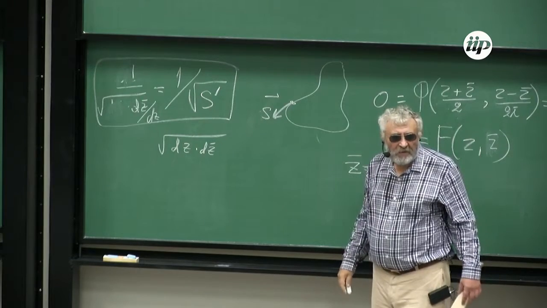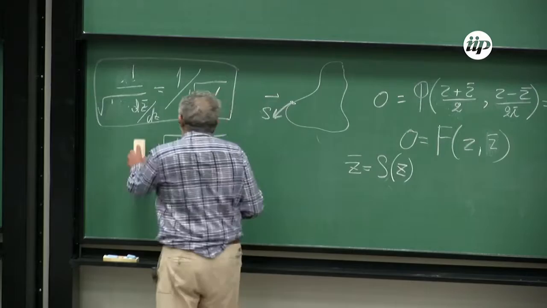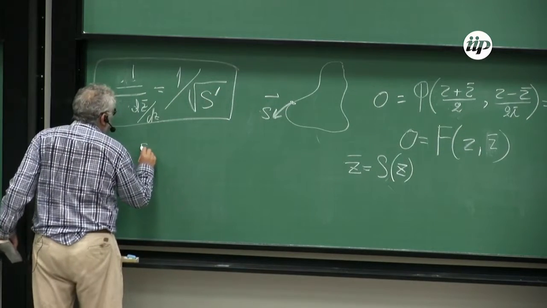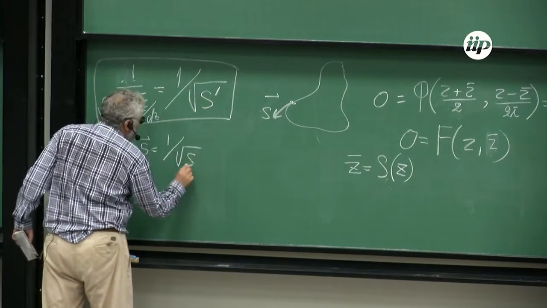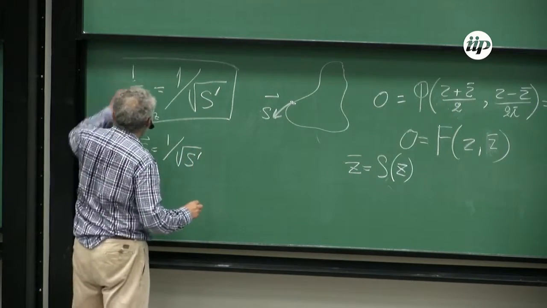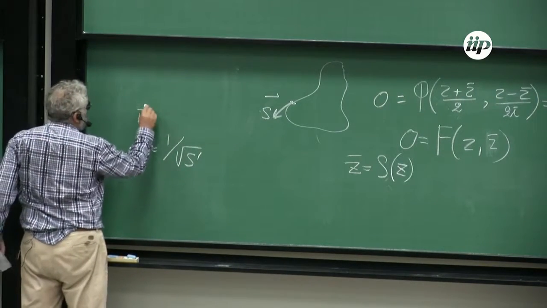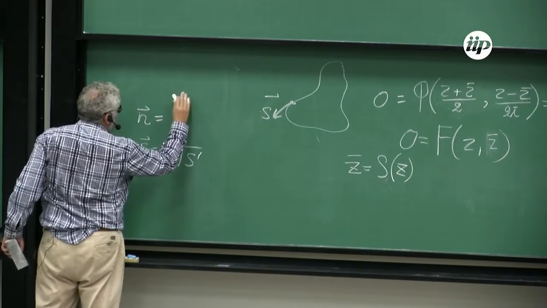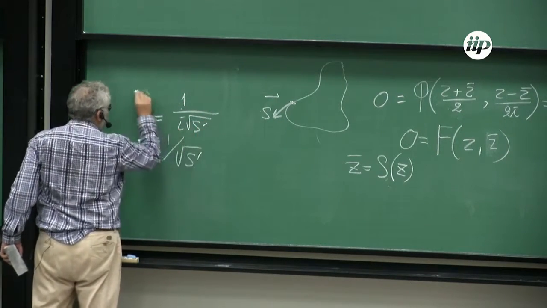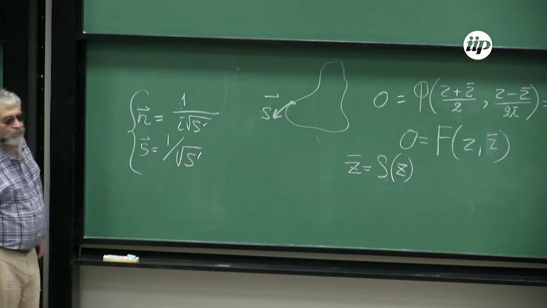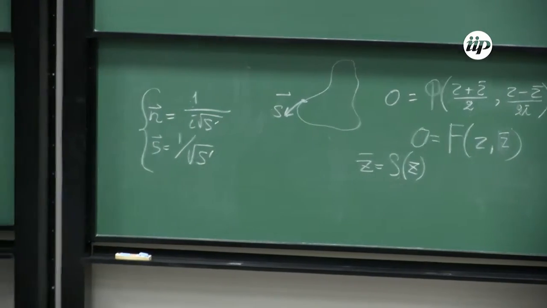I have a feeling that you follow. So, the unit tangential vector is this. It is also clear that the unit normal vector is this. Okay, differential geometry is finished.